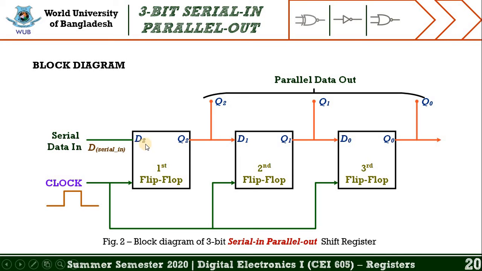Each of the flip-flops has one input as well as one output. If you look at the first flip-flop, there is one input and one output, symbolized as D2 and Q2 respectively.